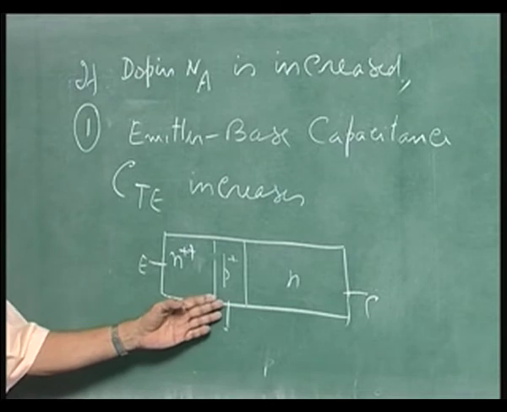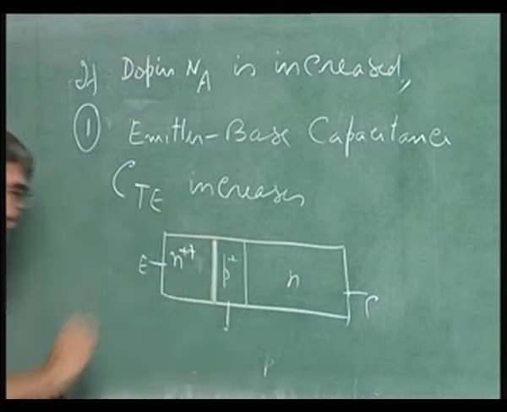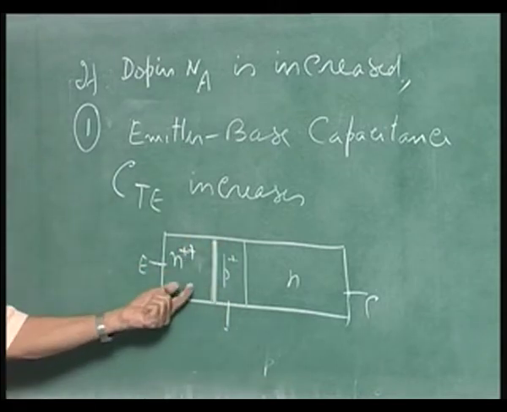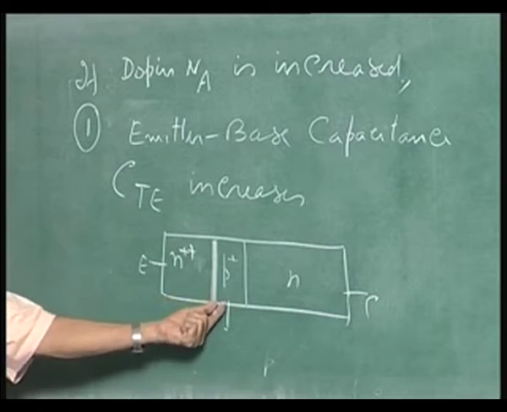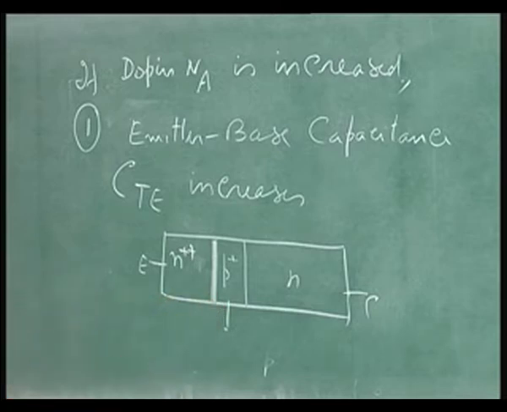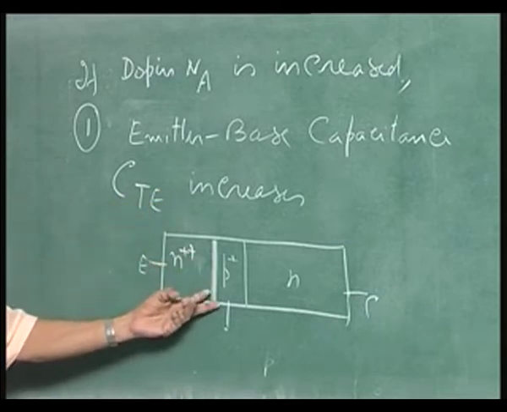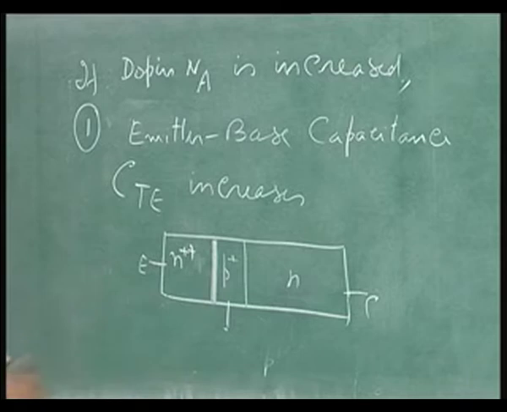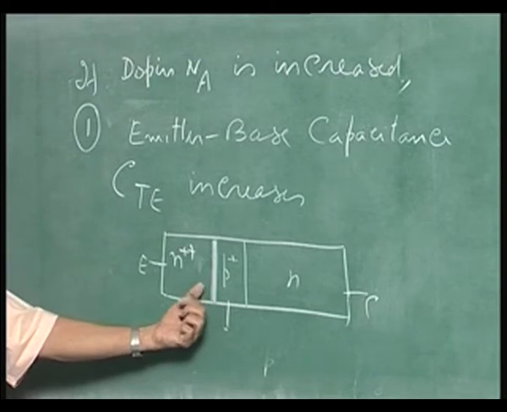Then what happens? The depletion layer width actually here is very small. So, the result of increase in doping in the base reduces the depletion layer width, which actually increases the capacitance. And the moment you increase the capacitance, it is going to affect you through a charging time required for charging this capacitor.